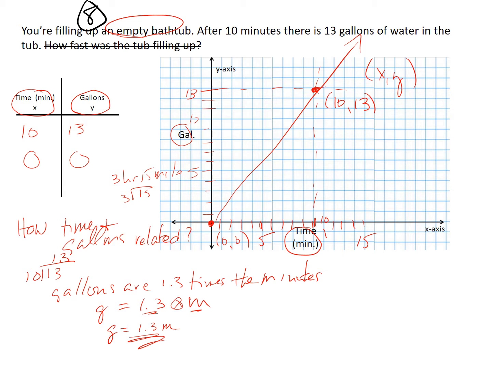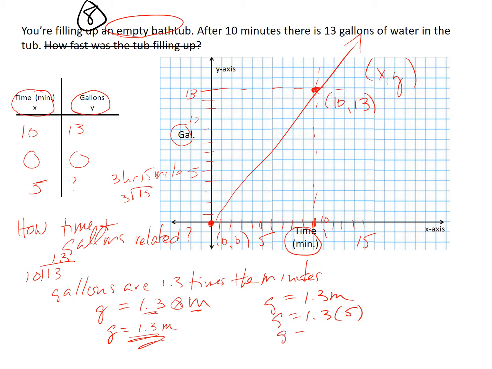And remember, if we wanted to figure out, say, after 5 minutes, how many gallons would be in the tub, we could take our equation of 1.3 times the minutes, and instead of writing the minutes, we could write in there 5, because I want to figure out how many gallons would be in 5 minutes.